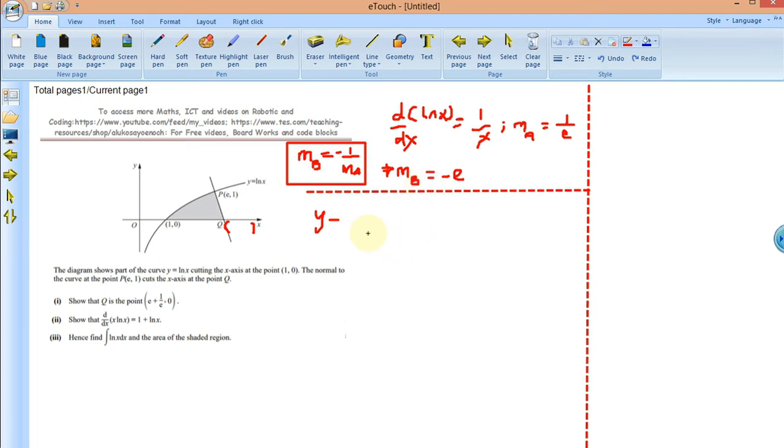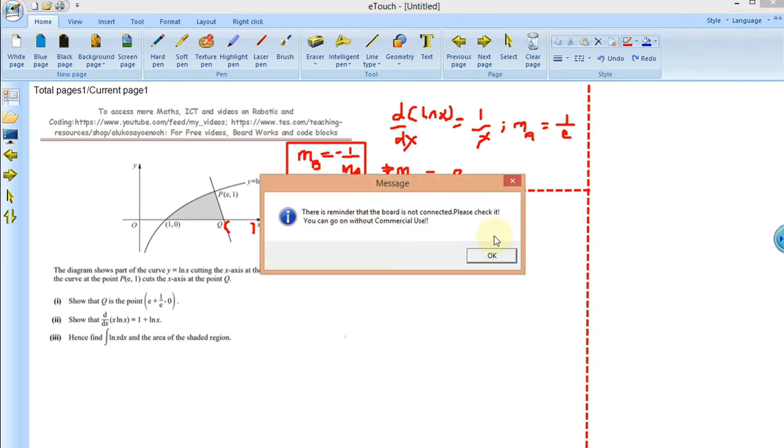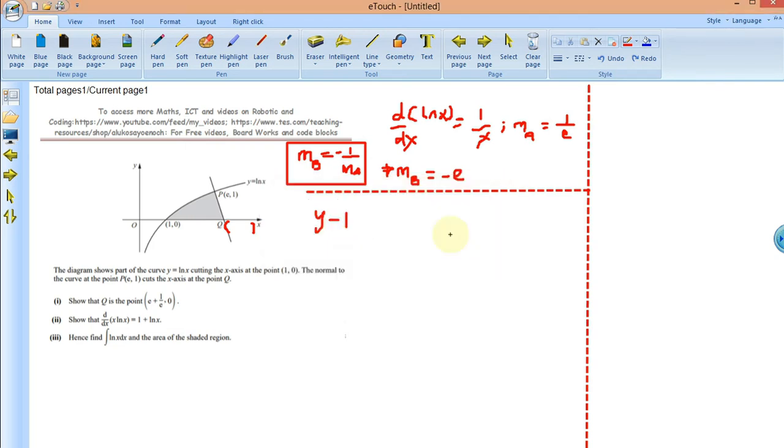So y minus y1, what's my y1? That's 1. So y minus 1 equals m. Sorry about that. The question is about the normal to the curve, so it's different from the tangent.